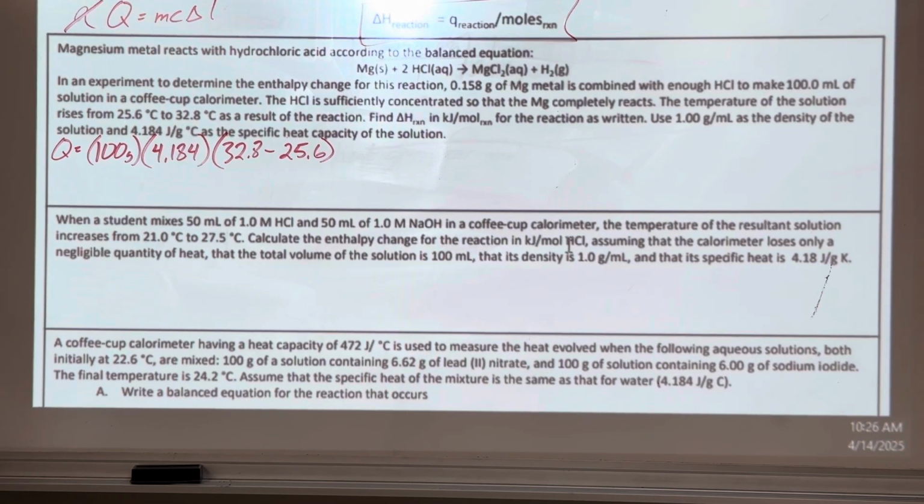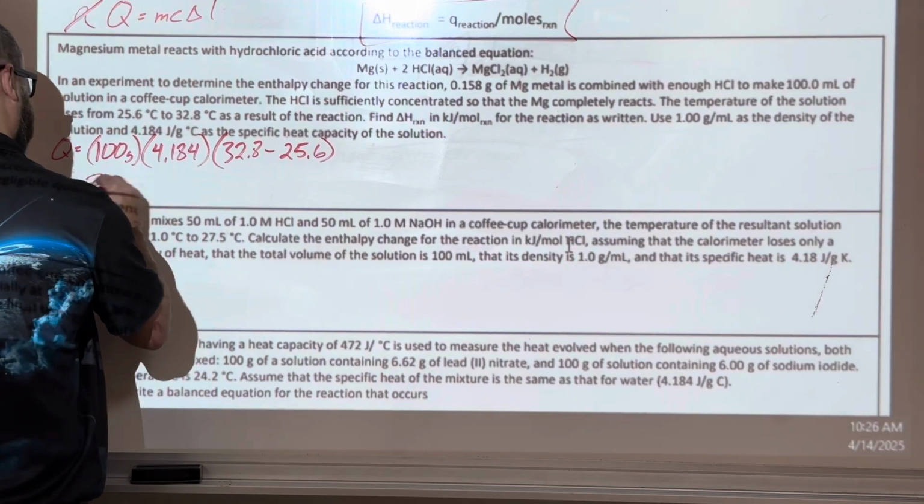100 times 4.184 times 32.8 minus 25.6. And we're going to keep the nearest whole number, which is 3,012 joules.